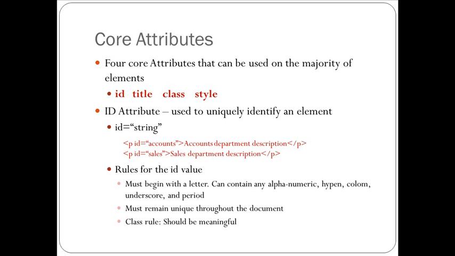It doesn't matter whether it's uppercase or lowercase, but it must start with a letter. It must remain unique throughout the document, as I alluded to just a few minutes ago. And from the class's point of view, it should be meaningful. So accounts and sales are meaningful. If I did A or S, I would have no idea what that A and S stood for. So you want to make sure that they're meaningful.